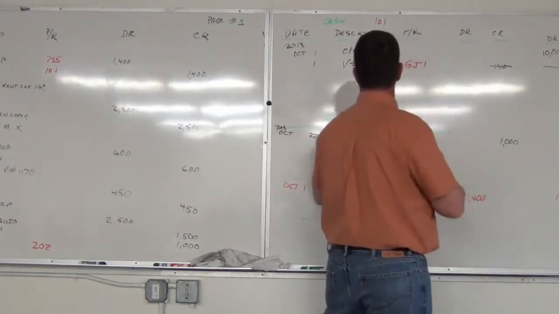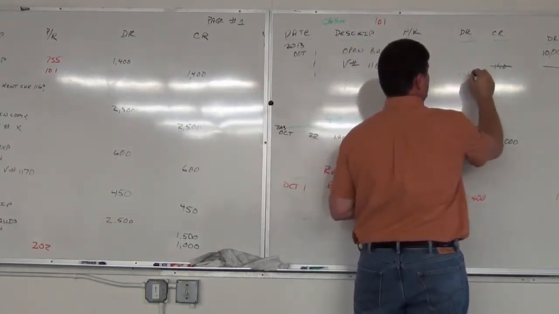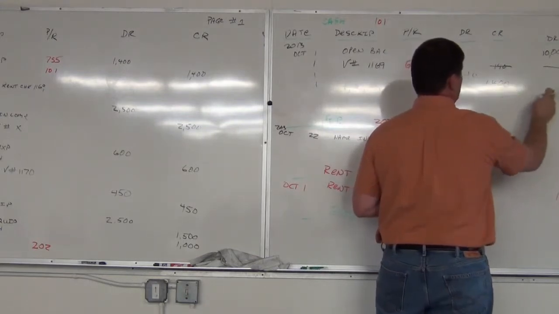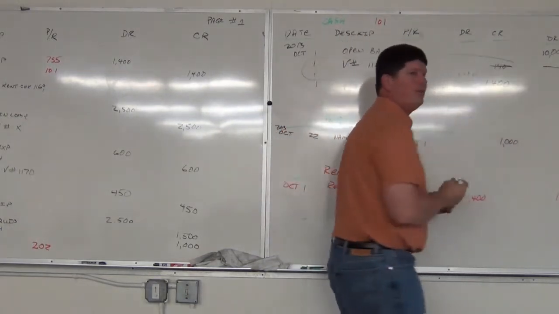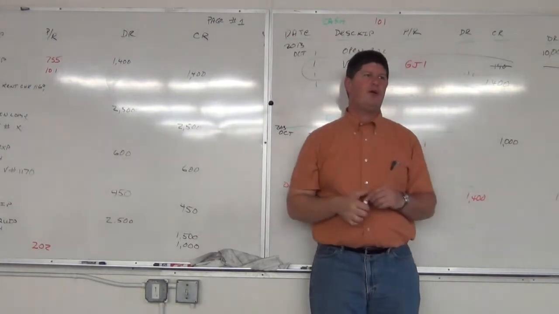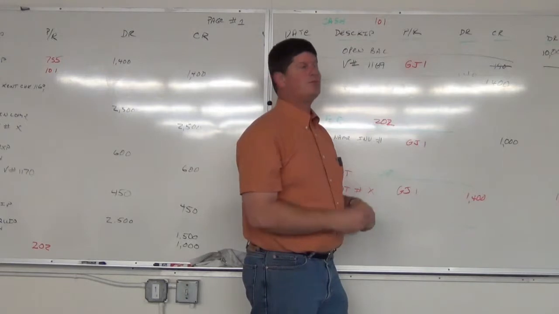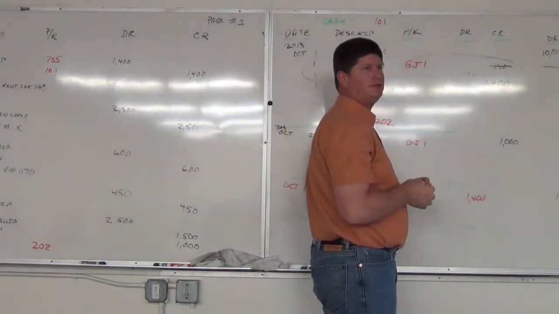Because if I put another line up here and I reverse it and then I put in another one, where's my audit trail on that? Where did these come from? Right? So I'm going to put in here in your description that you made a mistake and correct it.